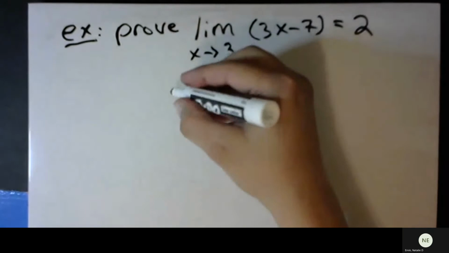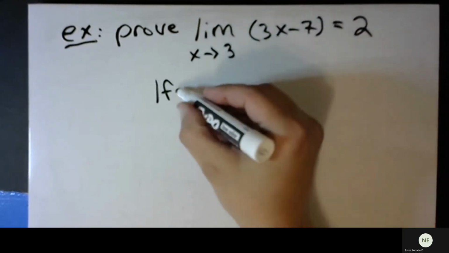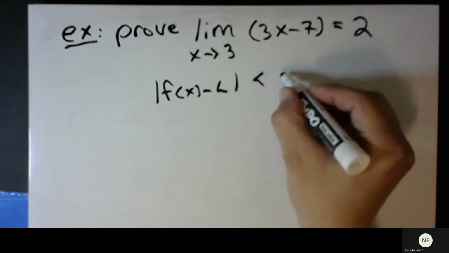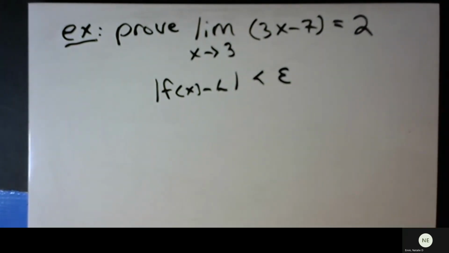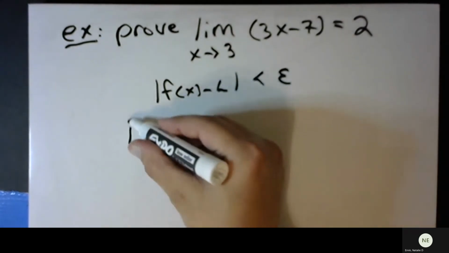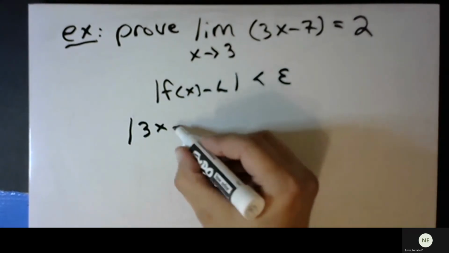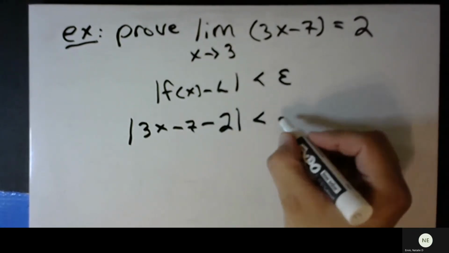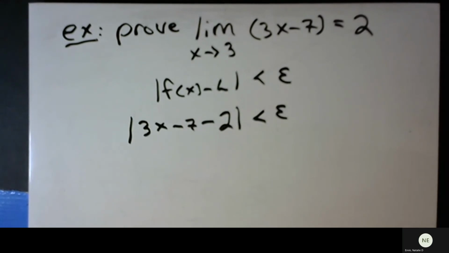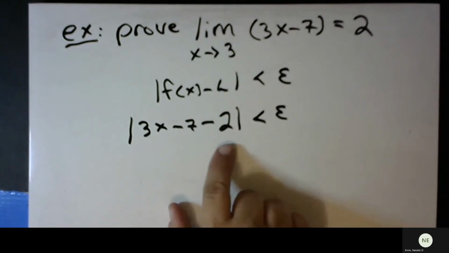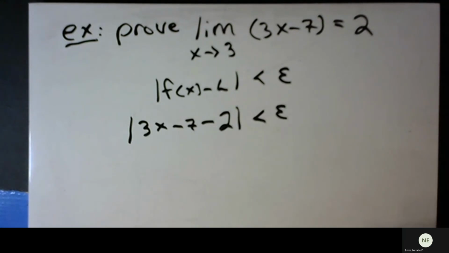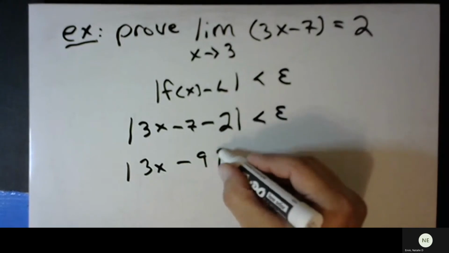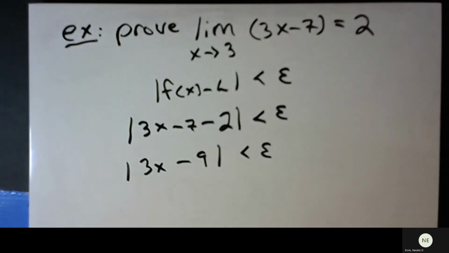So we're going to start off with the absolute value of f of x minus L is less than epsilon. Epsilon is some tiny, tiny positive number. So for us, it'll be 3x minus 7, that's our f of x, minus our limit of 2 is less than epsilon. Or we could do some combining in here. Negative 7 minus 2, it's going to be 3x minus 9 is less than epsilon.